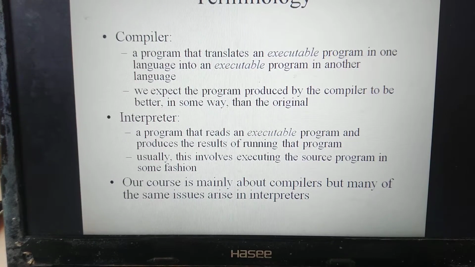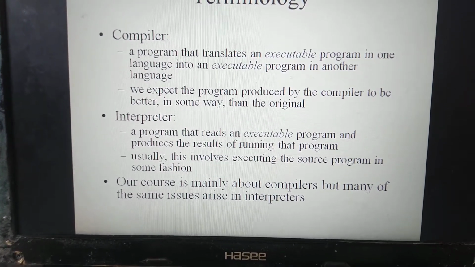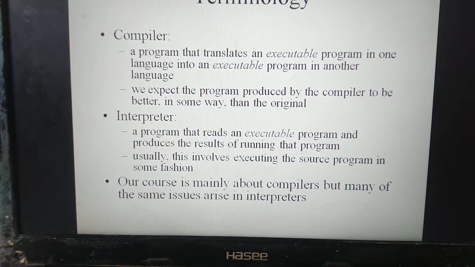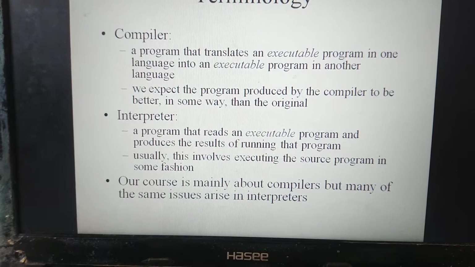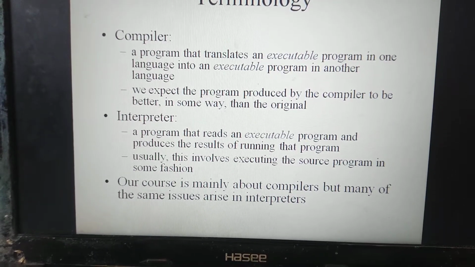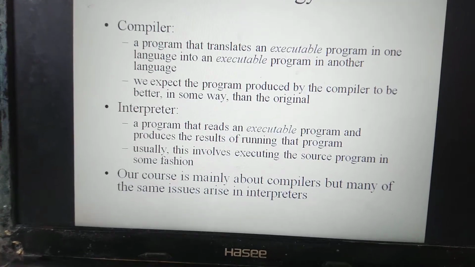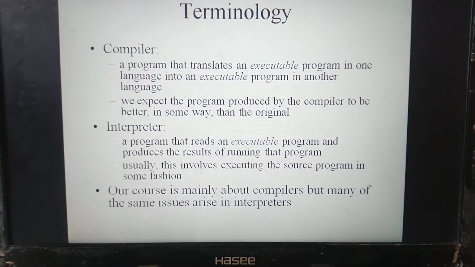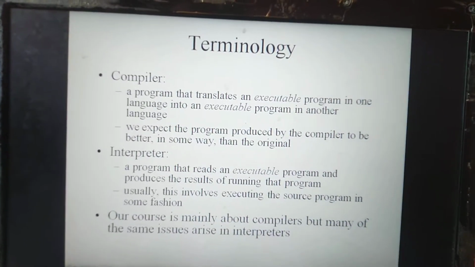Then the interpreter: a program that reads an executable program and produces the results of running that program. This usually involves executing the source program in some fashion. Our course is mainly about compilers, but many of the same issues arise in interpreters. Sometimes interpreters are also called translators.